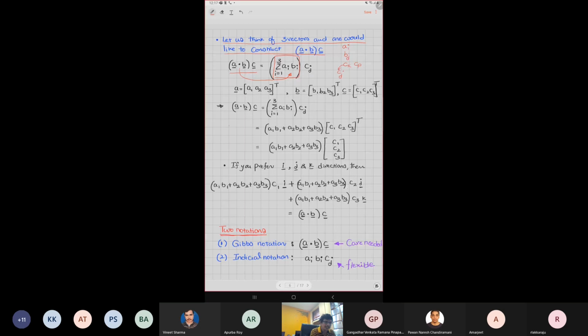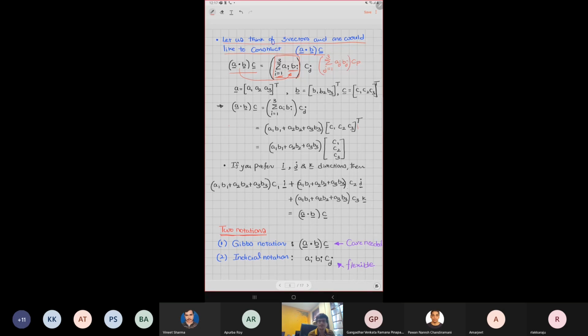The only condition is, if two of the indices are repeating, I need to put a summation. That means the same thing I can always write as summation j equals 1, 2, 3 of AjBj. It can be Cp also. That way also I can write it. You understand what I am trying to write?